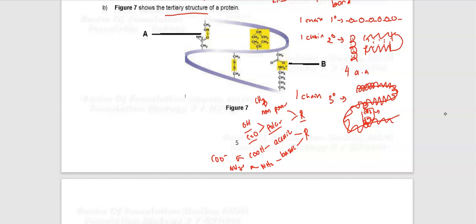And then the other type of interaction that can be present if the side chain here, for example, has the functional group hydroxyl, and then this one has carbonyl. So the hydrogen bond will form between the hydrogen atom of hydroxyl and the oxygen atom of carbonyl. So the bond formed is hydrogen bond.